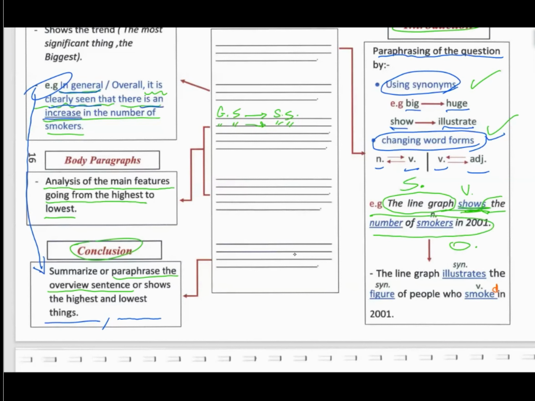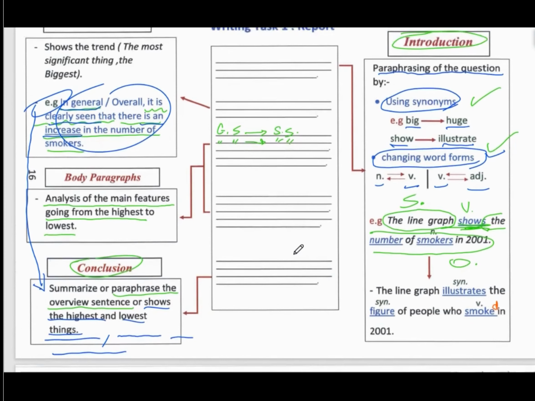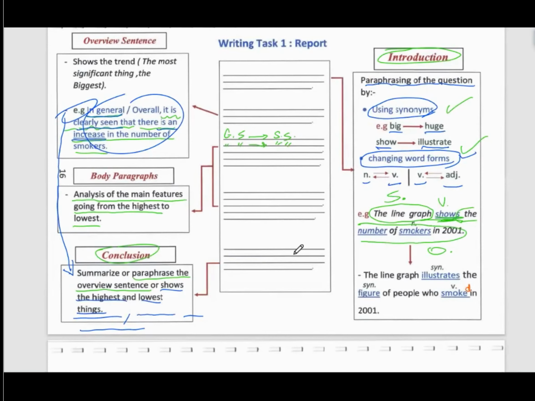There is an increase in the number, there is a rise in the number of smokers. That's it. You just paraphrase your overview sentence in the conclusion. Say it in another way. Or sometimes you can show the highest and the lowest things, which is similar to paraphrasing the overview sentence. Is that clear?